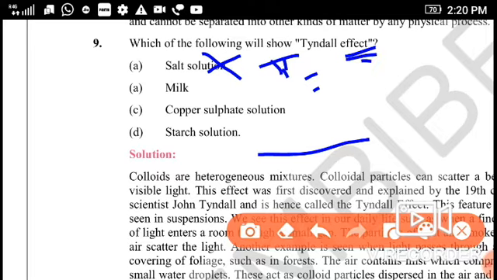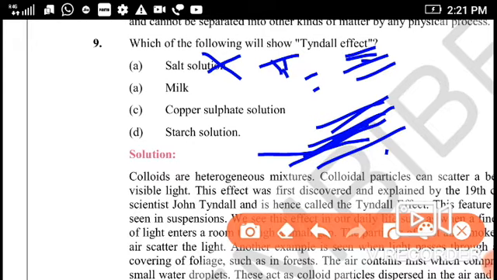Tyndall effect means when light passes through a solution or particles, the path of the light appears. Like at noon time, when you open the window, you see some dust particles, and because of the dust particles we can see the path of light. This is called the Tyndall effect. But the particle size should be enough to scatter the light, and in a true solution the particle size is not enough.